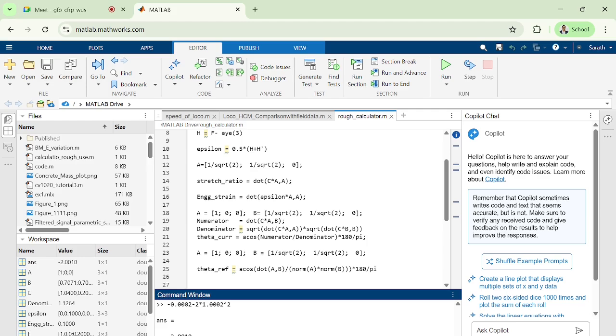Apart from that, we have minus 0.01 coming from the right side.